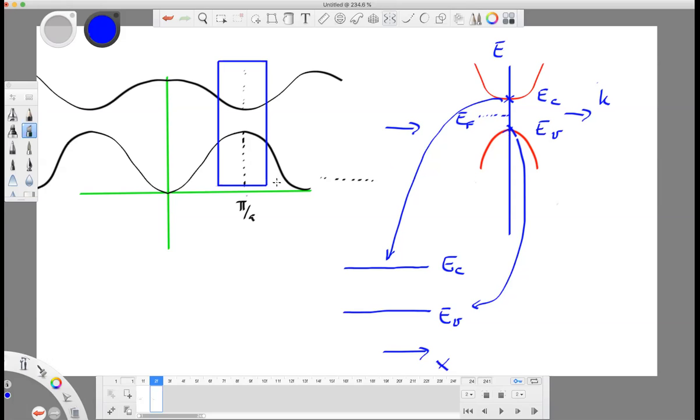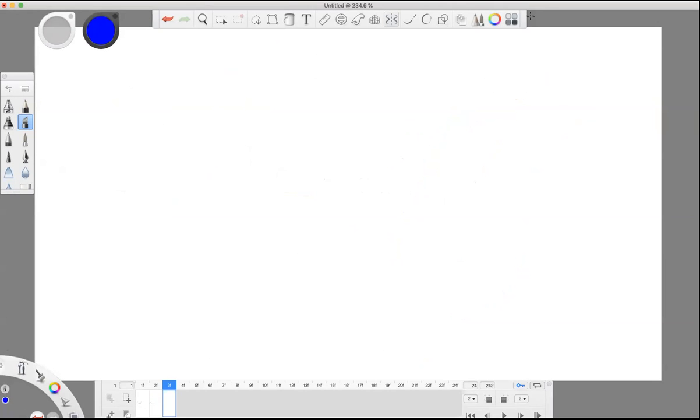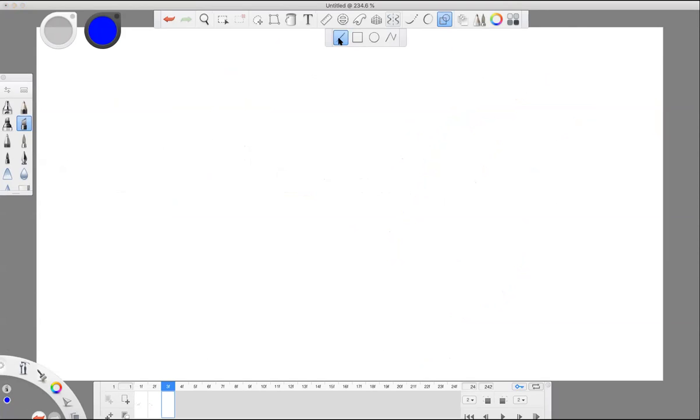Okay, so this is the full picture. Now let me draw a dispersion relation, which is maybe a little more detailed, of what you see after you either calculate or measure these dispersion relations for a particular material.